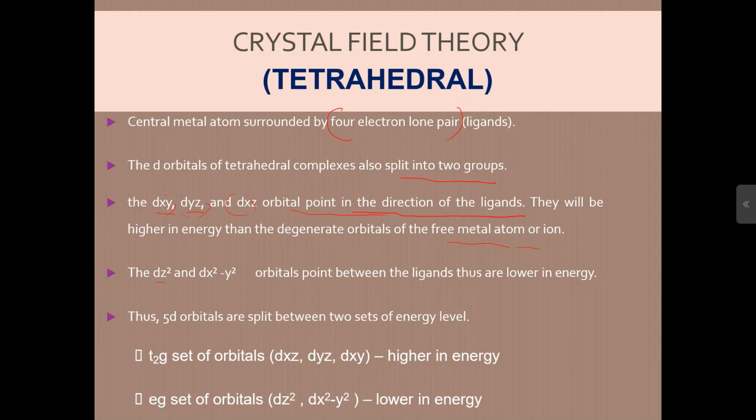For dz squared and dx squared minus y squared, since the orbitals point between the ligands, they are lower in energy. So they have 2 sets of energy levels: the t2 set, which is higher in energy, is dxy, dyz and dxz, while the e set, lower in energy, is dz squared and dx squared minus y squared.